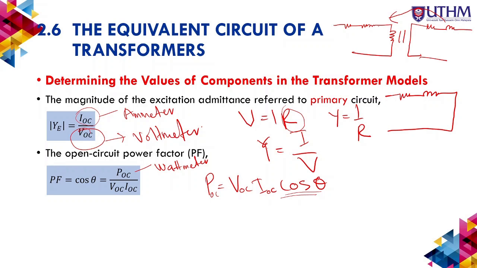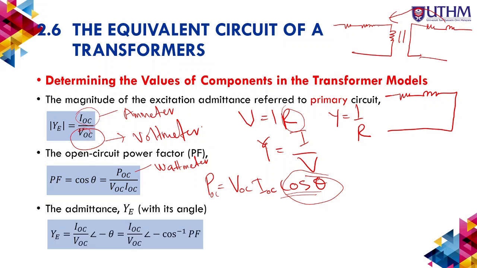So tiga benda ni is, boleh katakan is a given lah, ataupun measured value lah. So what we need to calculate is the RC dan juga XM. So ni semua kita dah dapat. So power factor adalah is a cos theta. So cos theta ni kita nak carilah dia punya power factor dia. And then lastly is the dia punya angle, power factor angle lah.